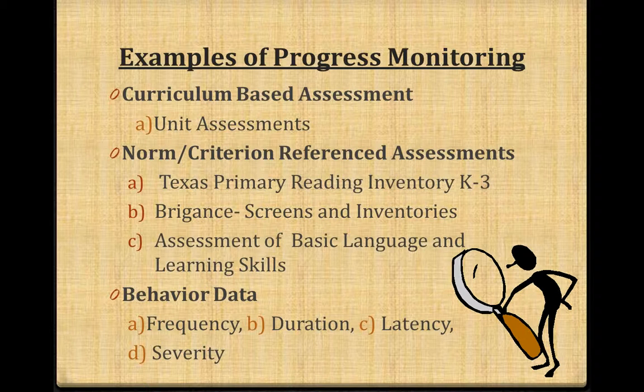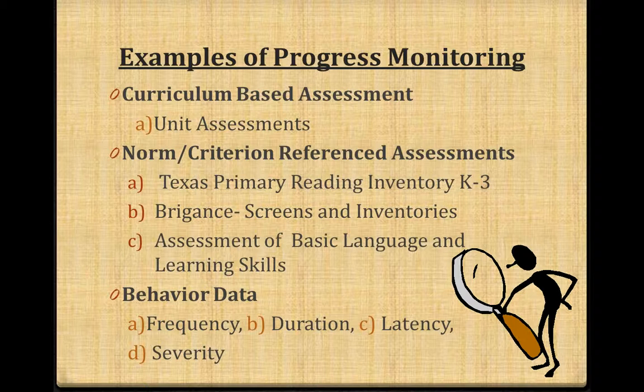In each academic area, probes are developed, such as brief reading passages, short spelling lists, samples of math items from the curriculum, and these probes are used to collect data on student performance. These probes are developed from materials that make up the child's curriculum.